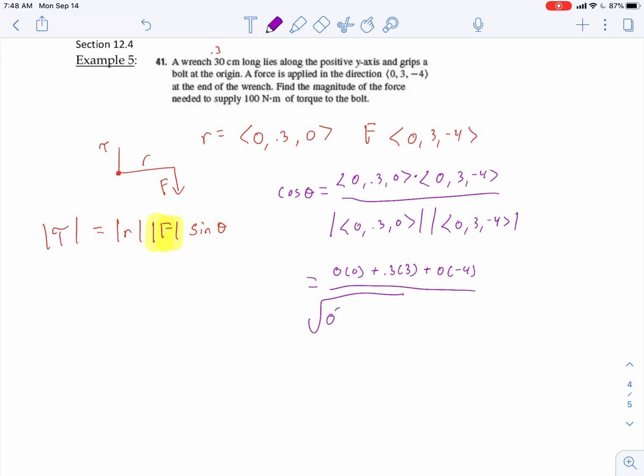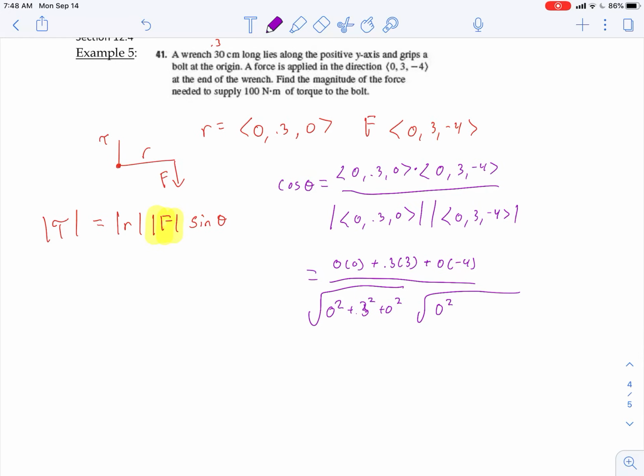All that divided by the square root of 0 squared plus 0.3 squared plus 0 squared times the square root of 0 squared plus 3 squared plus -4 squared.